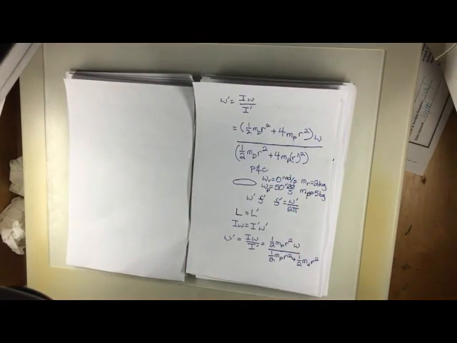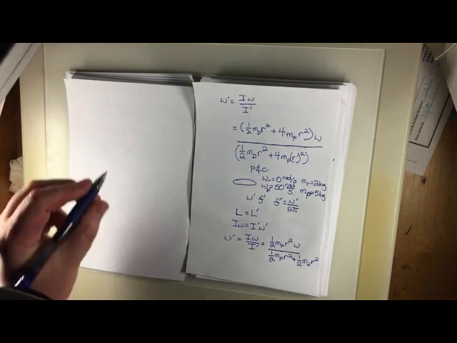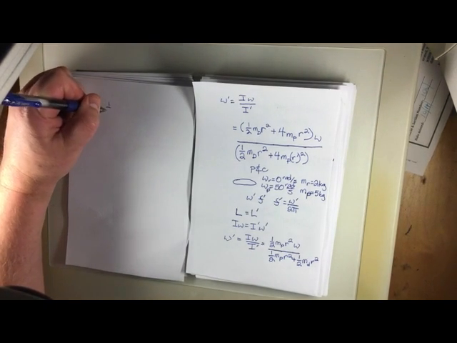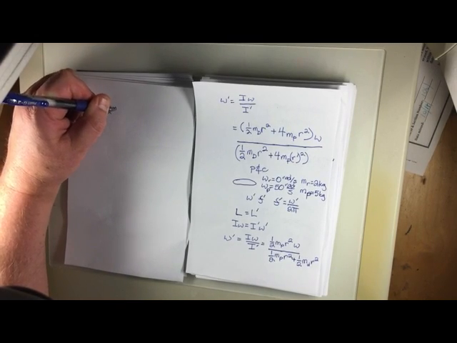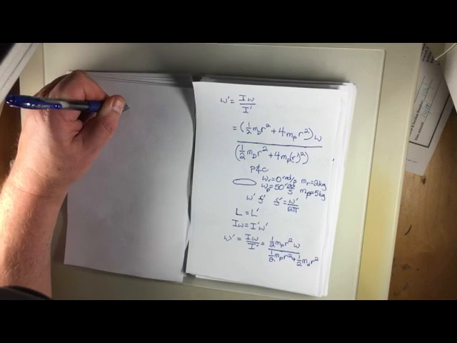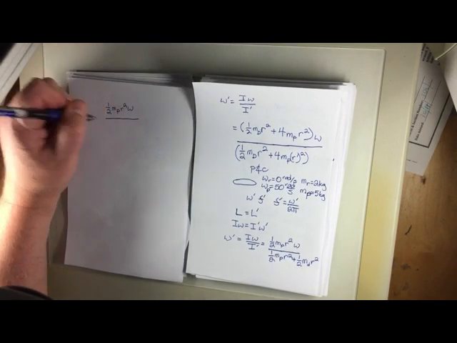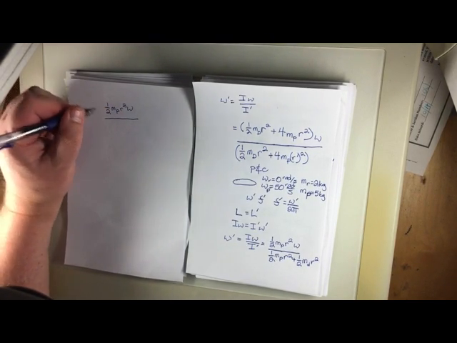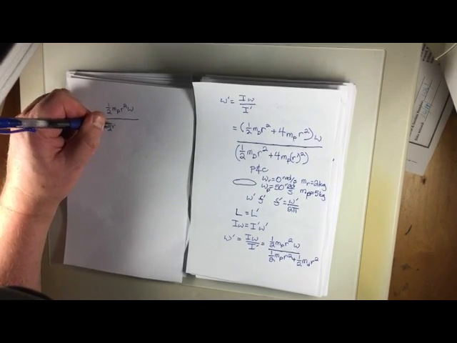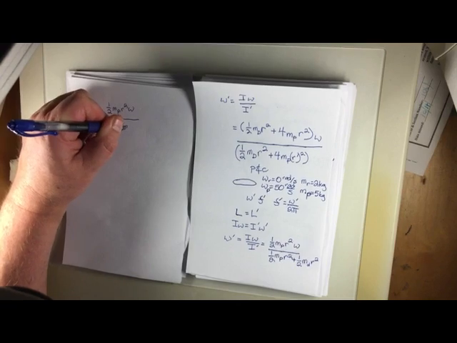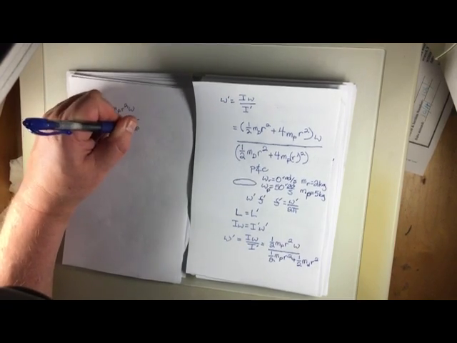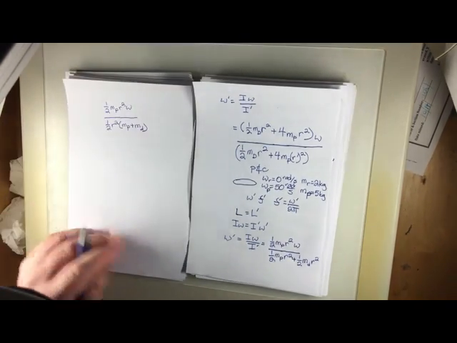Remember those 3 types of numbers. I give you numbers that you need. I give you numbers occasionally that you don't need. And sometimes I don't give you numbers that you do need. If we factor out the r squared in the denominator, in fact, I'm going to factor out a 1/2 and an r squared, which just leaves mp plus md.